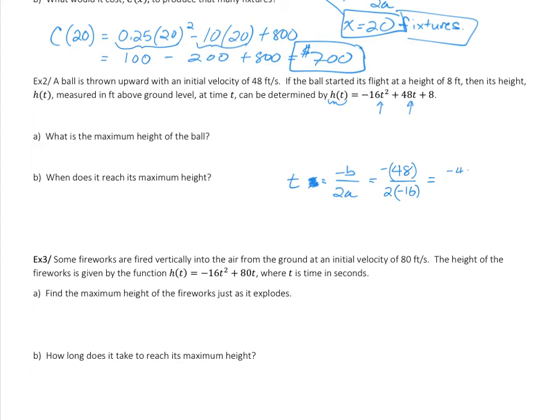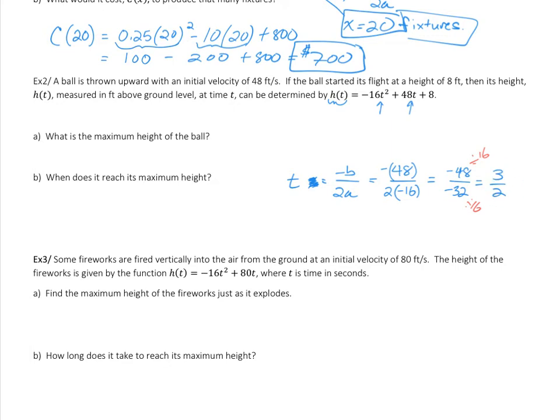That gives me negative 48 over negative 32, which is positive 3 over 2. If you reduce this, you can divide the top and bottom by 16, and that'll give you 3 over 2. This is in lowest terms.